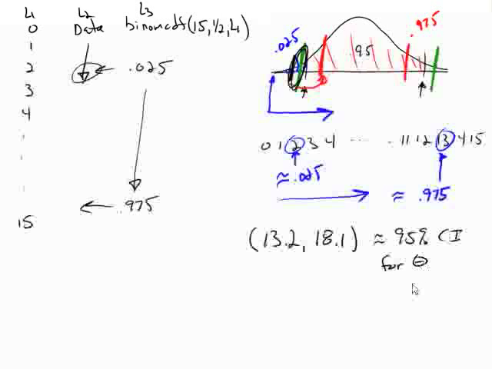Theta. Now, I can actually do a little bit better than that, because I know on the lower end, this probability here was actually 0.0176, and on the upper end, what was it, 0.9824.